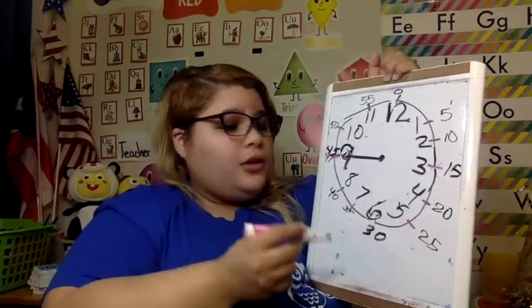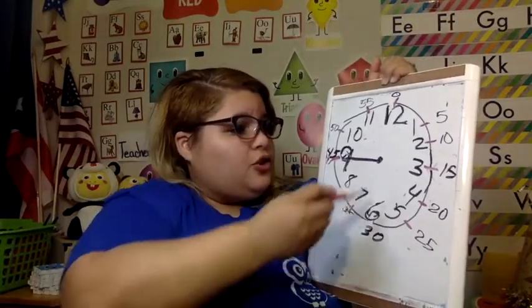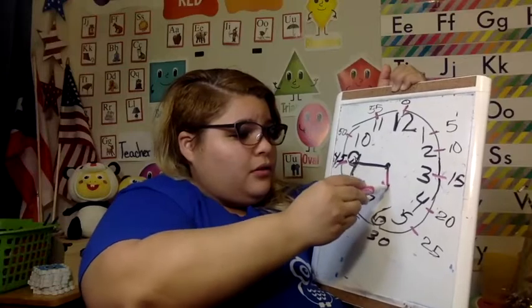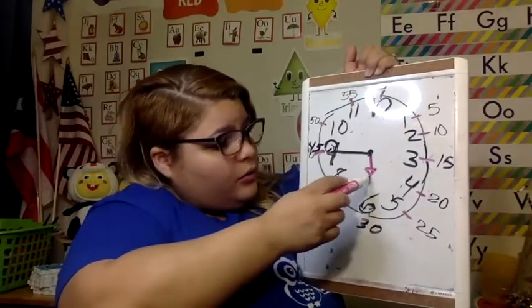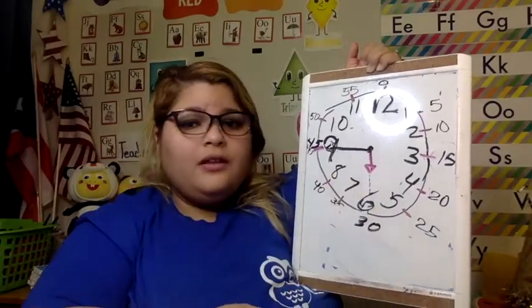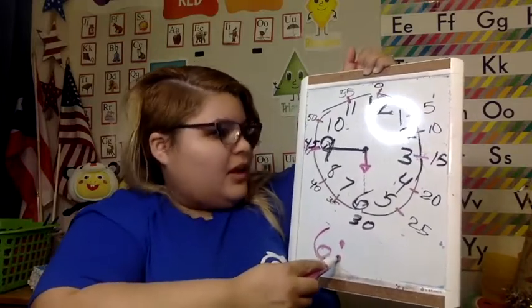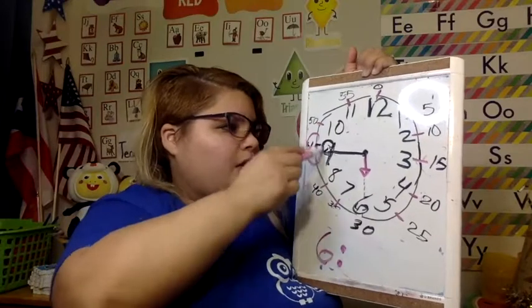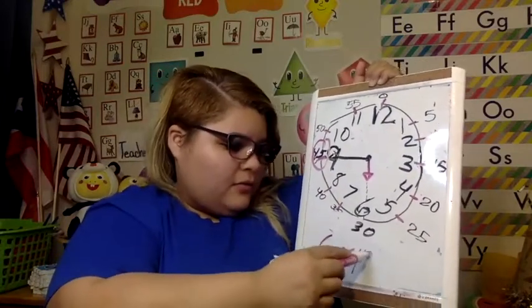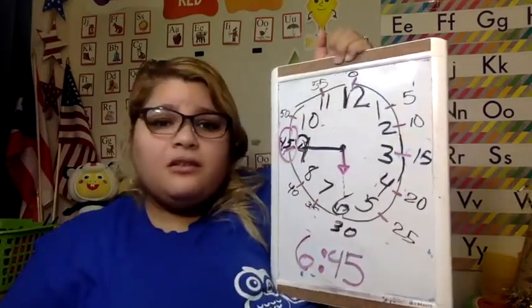If our short hand is showing this right here, that means that the hour is 6 and the minutes are 45 minutes. 6:45.